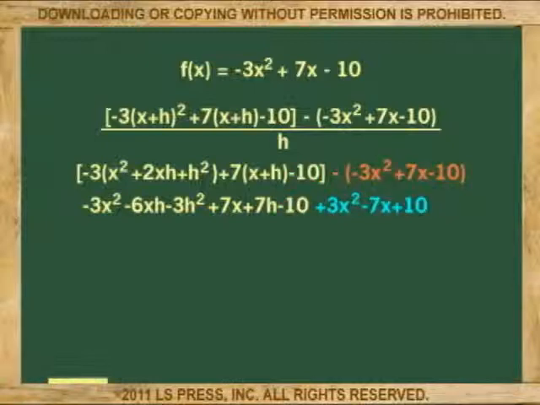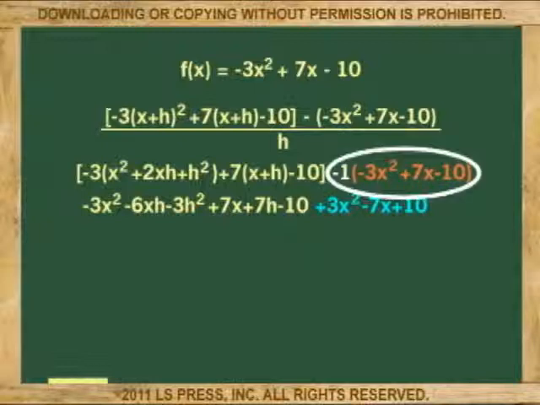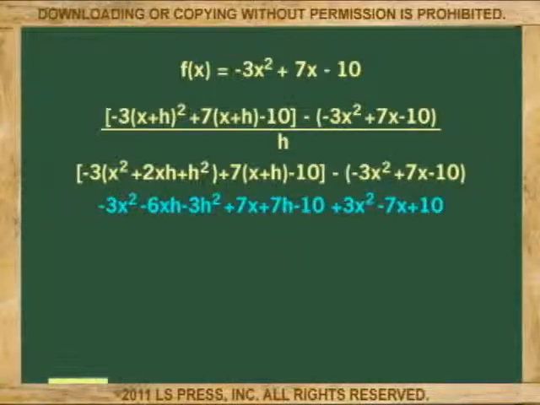If we now combine the second part of the numerator of the derivative with what we have expanded, by the way, notice that this trinomial gets multiplied by negative 1, we get a polynomial where we can cancel common terms.